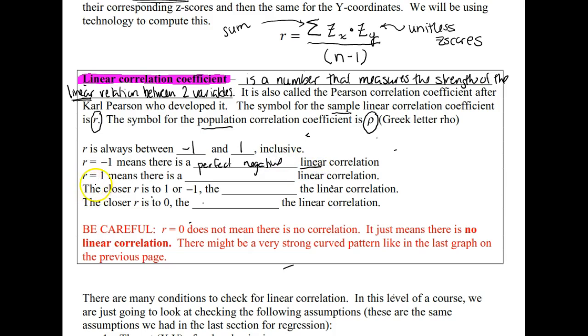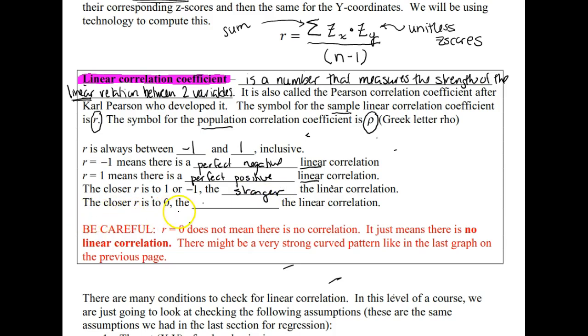When r is equal to 1, then we have a perfect positive linear correlation, which again, for real world data, we're not going to see that happen. But the closer r gets to 1 or negative 1, the stronger the linear correlation is between those variables.